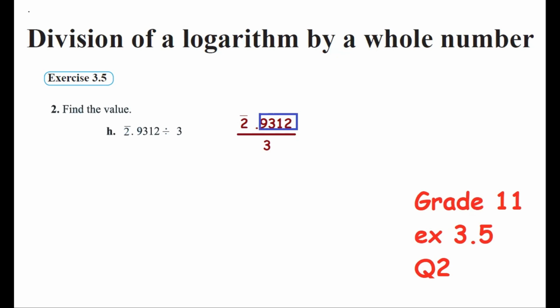So when we divide this, -2 can't be divided by 3. So what you're supposed to do is you have to take a 1. So when you take a 1, now we give -1 to this side to make it -3.